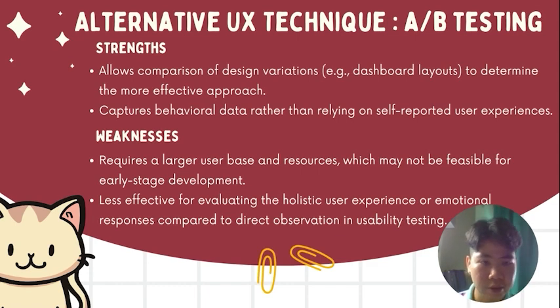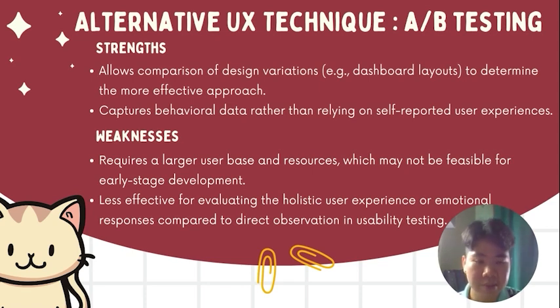A weakness of A/B testing is that it requires a larger user base for research, which may not be feasible for early stage development, and it is also less effective for evaluating the holistic user experience compared to direct observation in usability testing.